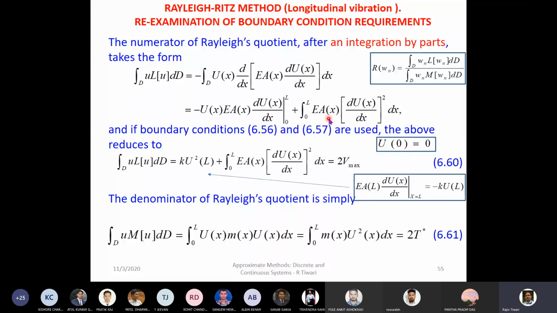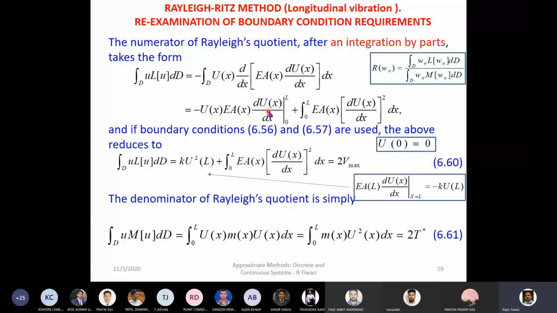Now here if you see, if you substitute these limits, x is equal to L, that is the free end. At the free end, this particular axial force is equal to minus K u L. So if you put this here, we will get plus, and K u squared L will come from here.